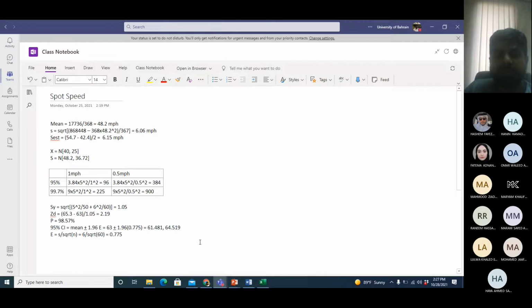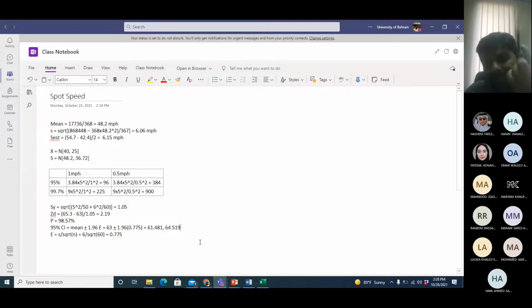And you can see the required value of 60 does not even come in this range. So using this range, I can say how confident I am. I'm 95% confident that even if somebody went to the site 100 times, there is a 95% chance that they will never have a mean speed of 60 miles per hour at that location.